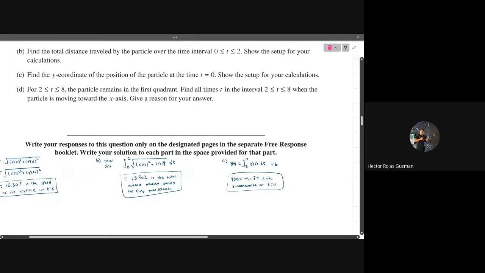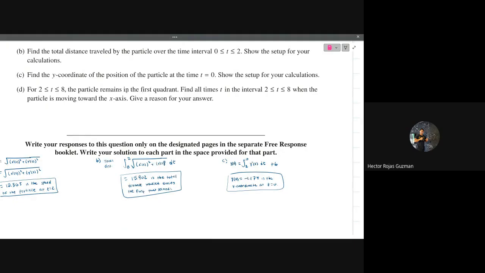Part D. From 2 to 8, the particle remains in the first quadrant. Find all times t on the interval from 2 to 8 when the particle is moving towards the x-axis. All right, well, if they're telling us that the particle is remaining in the first quadrant, we don't know what it's doing, right? But I'm just going to make up something. Let's say the particle is just hanging around, moving towards the x-axis, moving away from the x-axis, moving towards, moving away, and so on.